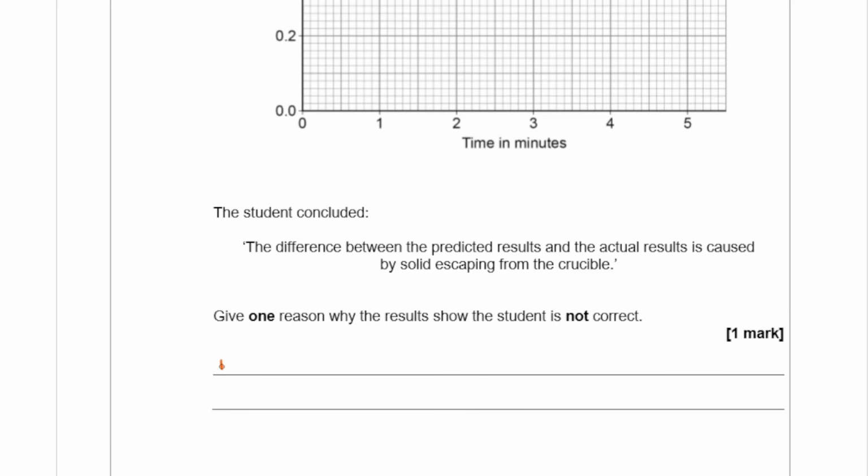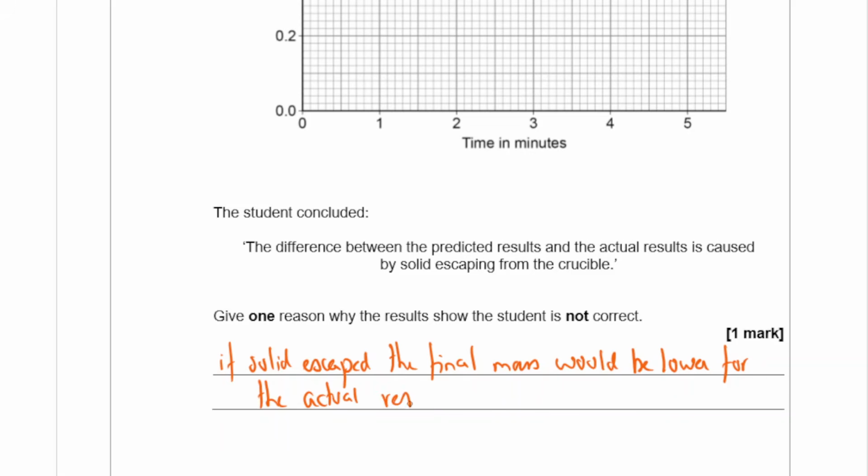If solid escaped, the final mass would be lower for the actual results than for the predicted results.